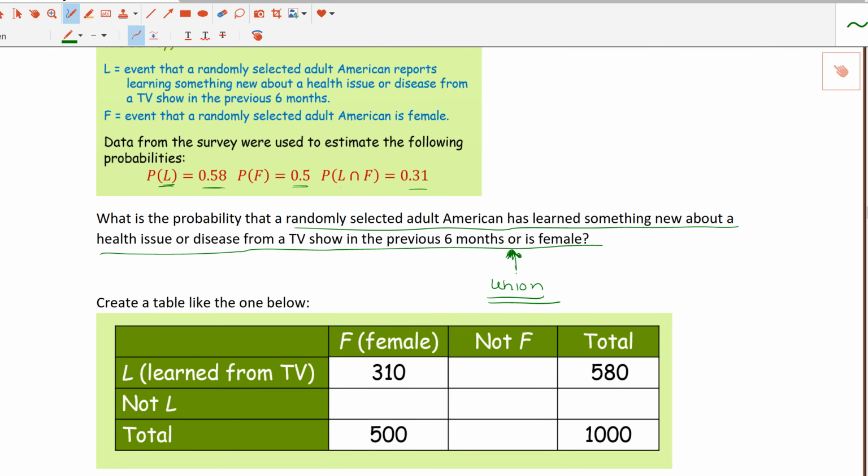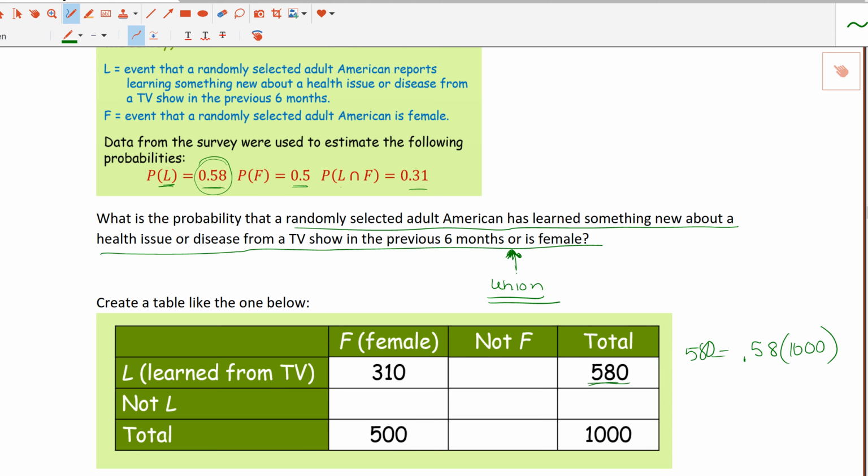Since the probability is 0.58, if we had 1,000 people taking our survey, that would mean that 580, or 0.58 times 1,000, if the probability is 0.58, then we would end up with 580 people learn something from TV. Okay, 580 out of 1,000.